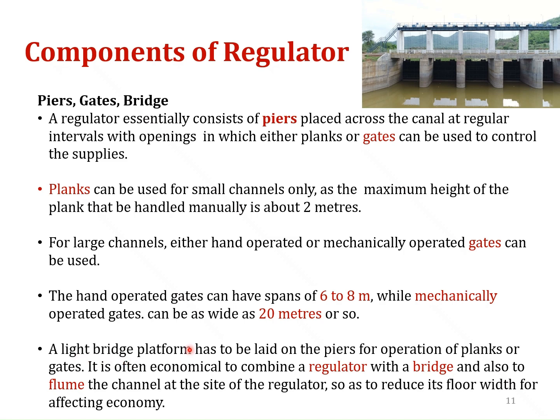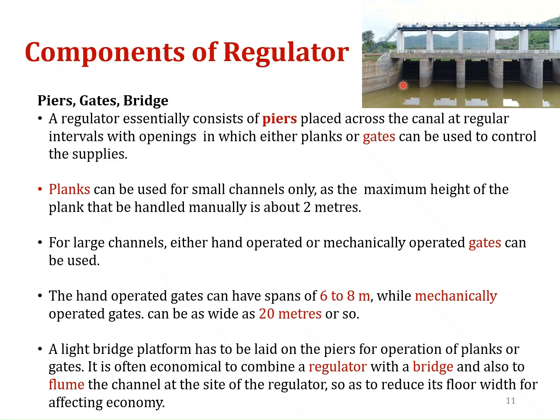A light bridge platform, this light bridge platform right here, and you can also see the stairs to reach that platform. A light bridge platform has to be laid on the piers for the operation of the planks or gates. It is often economical to combine a regulator with a bridge and also to flume the channel. Flume means to reduce the width, right? Here you see the channel width is reduced.